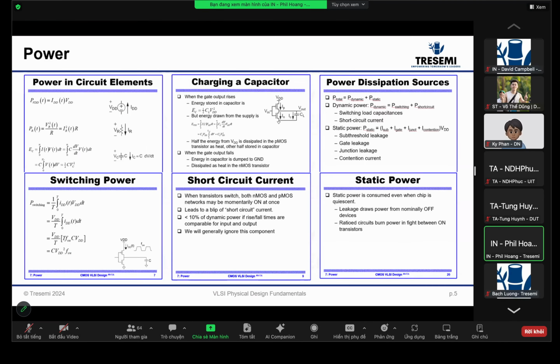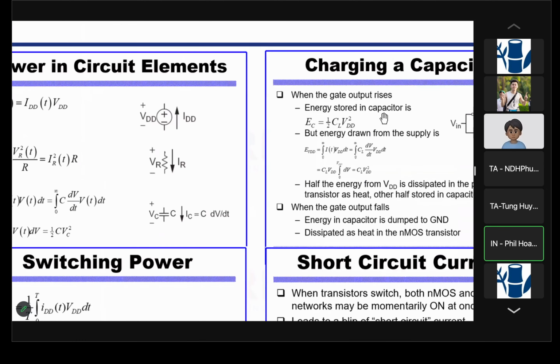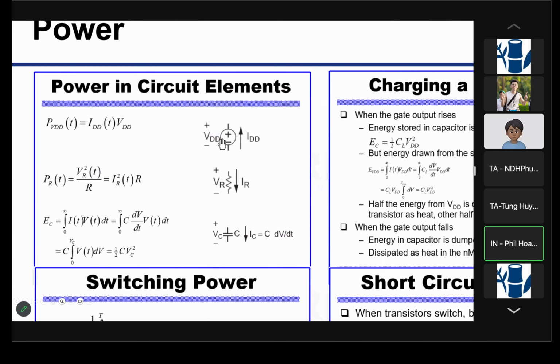So this is just a little bit of review of what power means in electronic circuits, VLSI. So as you know, right, power is current times voltage.